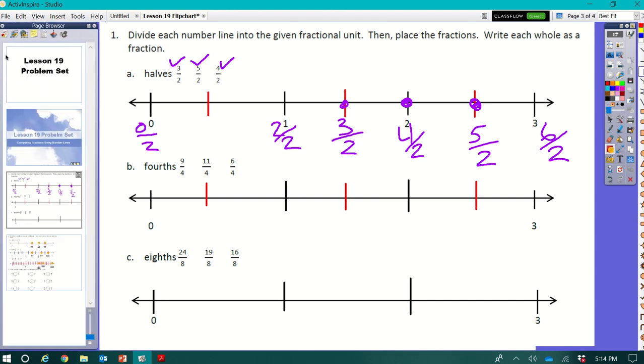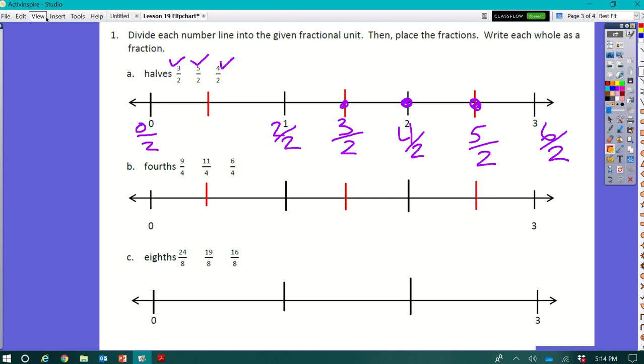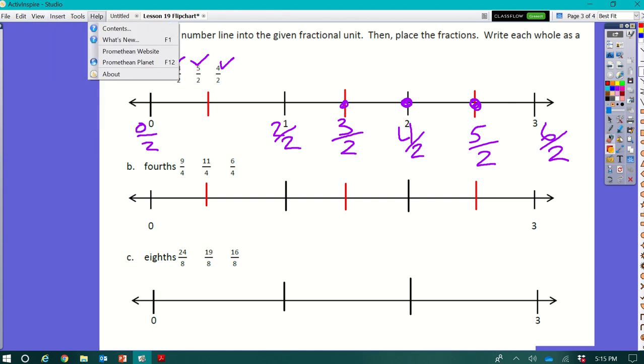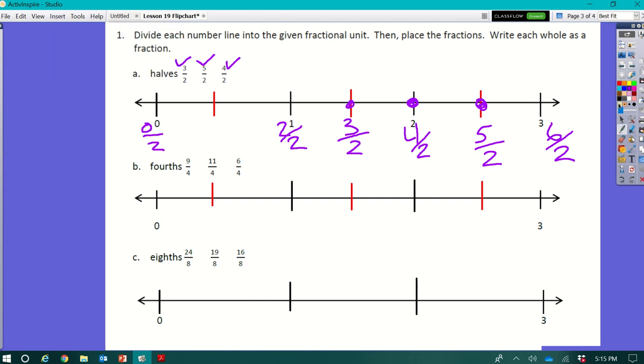Okay, let me label my whole numbers. So let me go back here, and this is 1, this is 2, this is 1, this is 2. All right, so I don't get confused and think those are fraction marks. Those are the whole numbers.